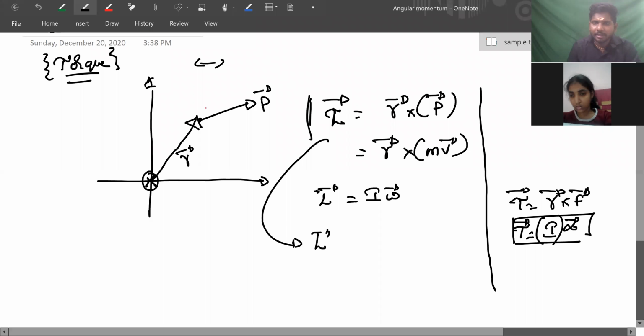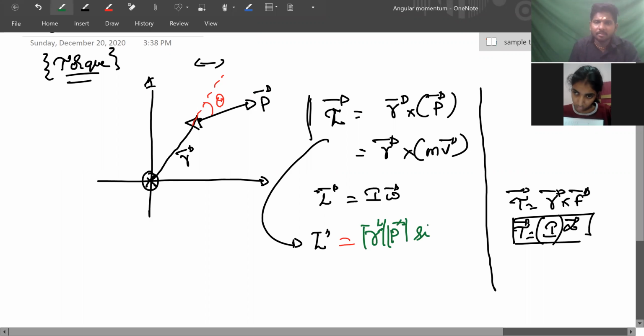How to find this one? Try to find the angle between them, theta. Then we can write this as r F sin theta. Similarly, here also L can be written as magnitude of r into magnitude of p into sine of the angle between both of them.